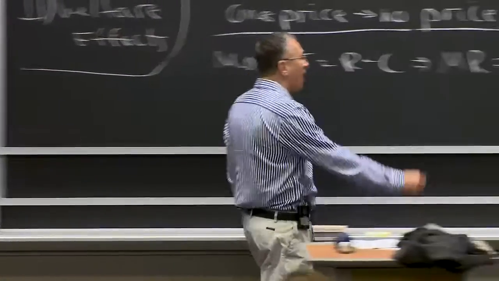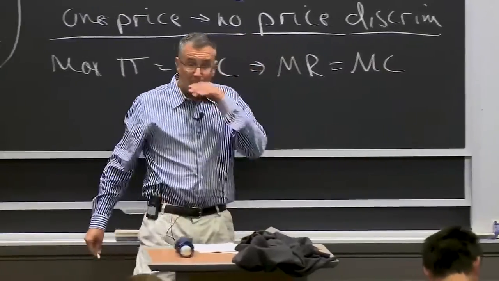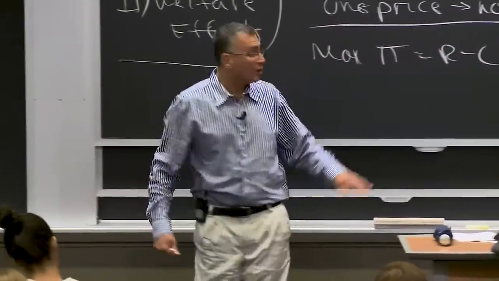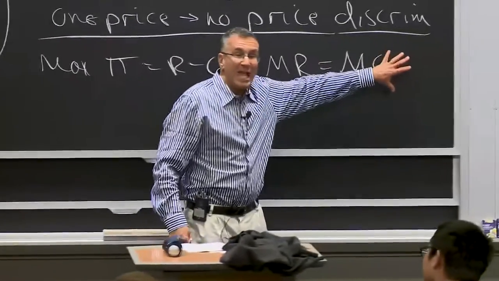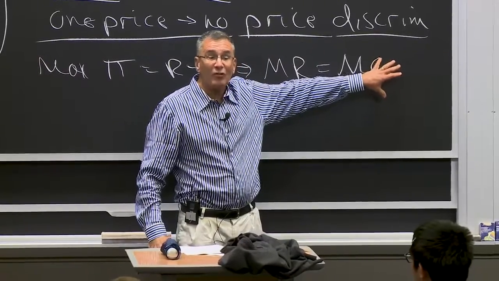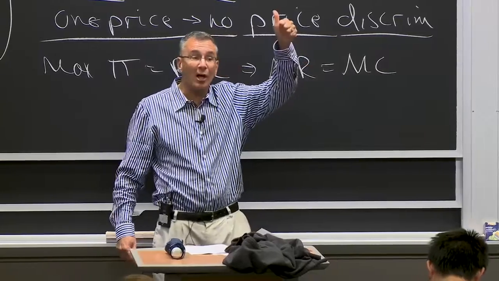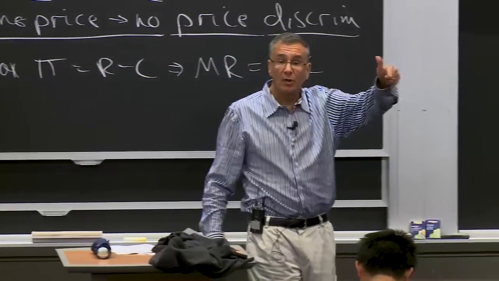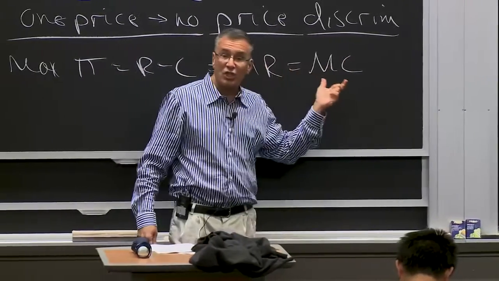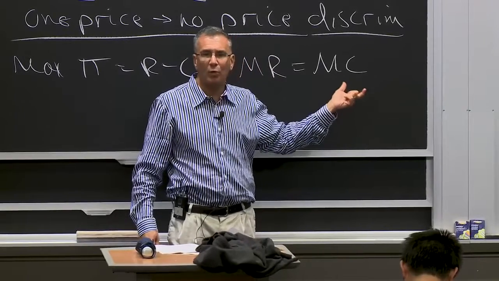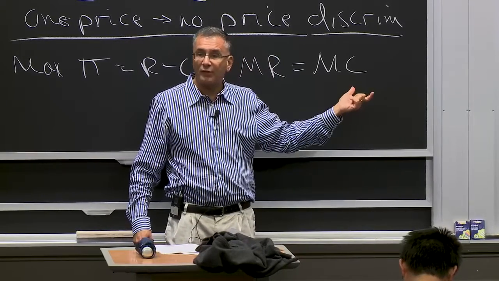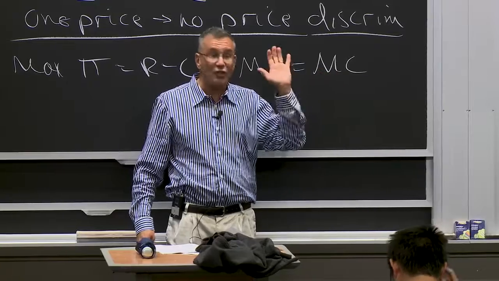Now, nothing on the cost side is going to change. The way we get cost curves doesn't change. That's all about the technology of production, and that comes from input prices. So nothing on the cost side is going to change. All that hard and somewhat boring work we did deriving cost functions is done.